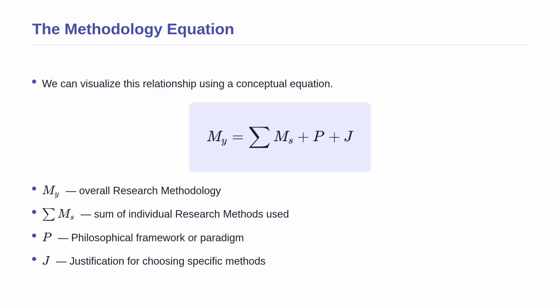The term ΣMs represents all the individual research methods used, like surveys or experiments. P stands for the philosophical framework, such as a qualitative or quantitative approach. Finally, J represents the justification, the logical reasoning explaining why these methods were chosen. If the justification J is missing, the entire methodology becomes weak and invalid.